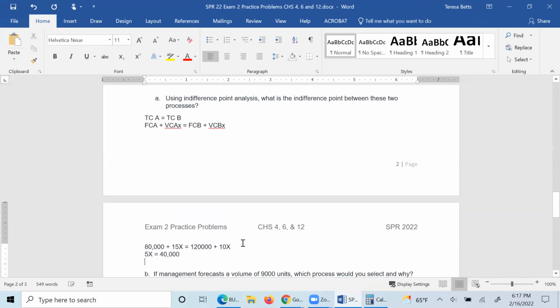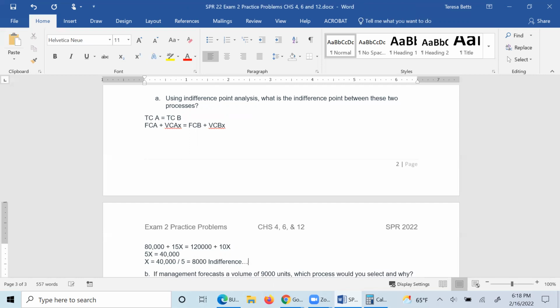And so if my math is right, x, my indifference point, is going to be 40,000 divided by 5, right? And I think that is 8,000 units. Does that sound right to you? 40,000 divided by 5 should be 8,000. Okay, so that's our indifference point.